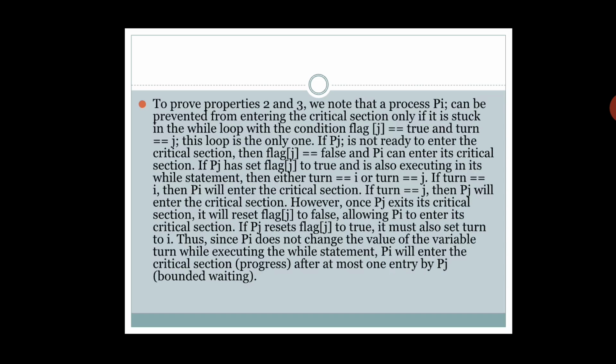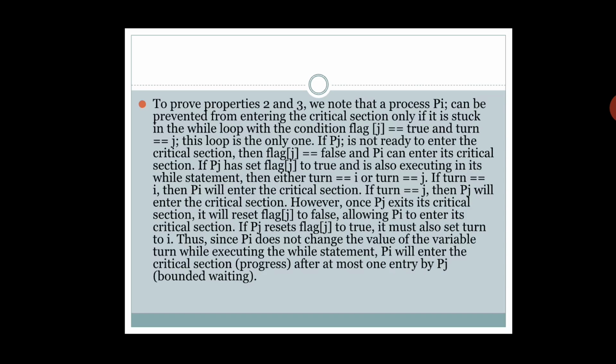So turn equal to j, this loop is the only one. Why? When flag[j] equal to true and turn equal to j, the condition is true, that means processes are allowed to enter the critical section.